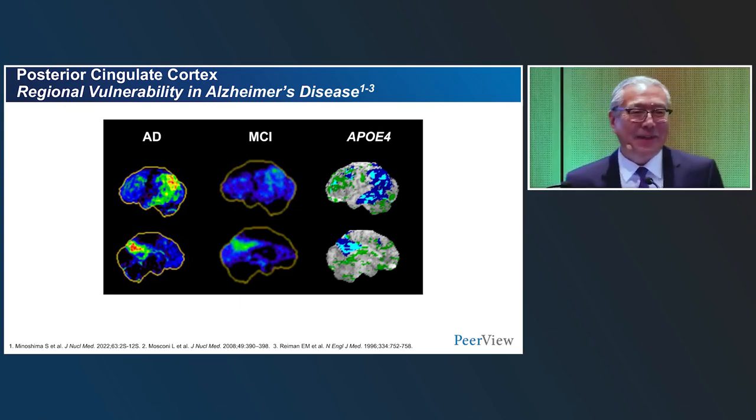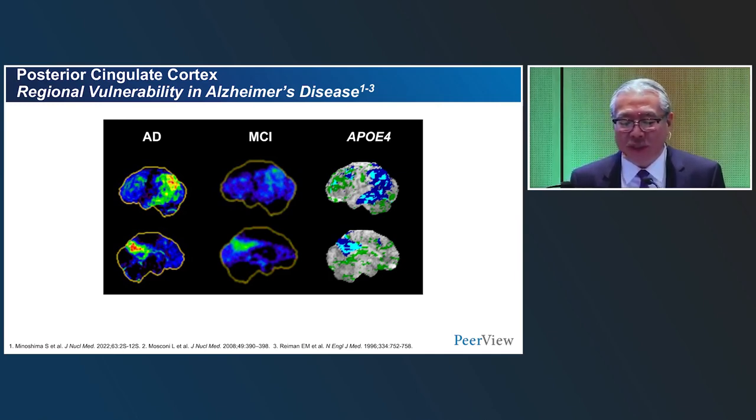All right. Alzheimer's disease, naturally, has been the focus of investigation for the last 4 decades, and we have investigated the metabolic changes in Alzheimer's disease. There are parietal temporal changes, and fewer frontal changes unless the patient is really advanced.